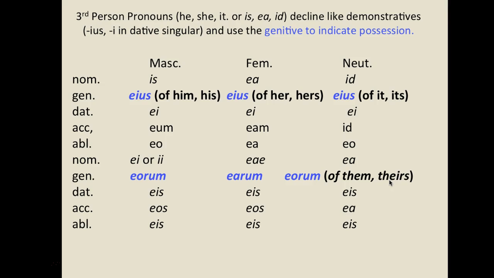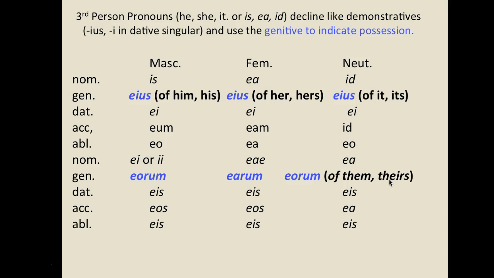So Latin has to use the genitive, eius, of him or his, her or hers, of it or its, in order to indicate possession. This is going to be important to notice when we get to reflexives, because reflexive pronouns do have a possessive adjective, which we'll see in a chapter that's coming up.